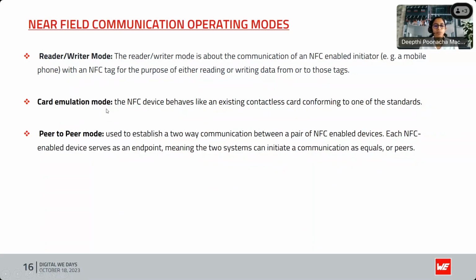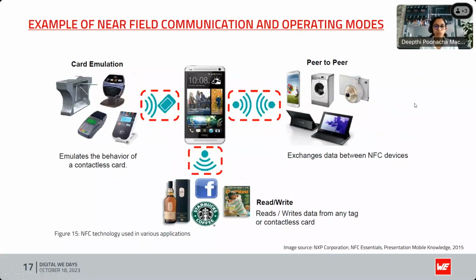The card emulation mode is where the NFC device emulates the behavior of a contactless card, following one of the standards of NFC. The peer-to-peer mode is used to establish a two-way communication between a pair of NFC-enabled devices. We can see this a little more clearly in this pictorial representation.